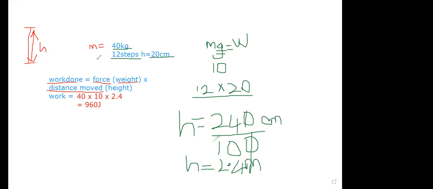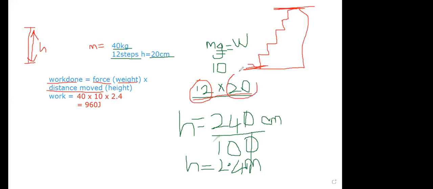Now, if a person moves upstairs, 12 stairs, with each stair having 20 centimeters, the first thing we should find out is what distance that person has moved from the beginning to the end of those 12 stairs. That is what we have done here by multiplying the 12 stairs with the height of each stair.